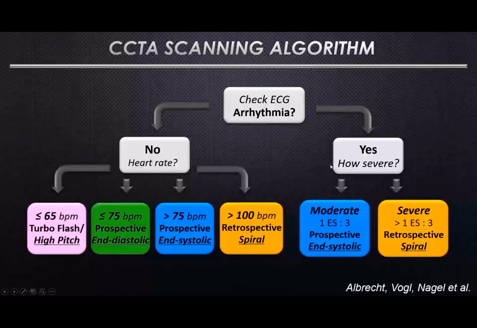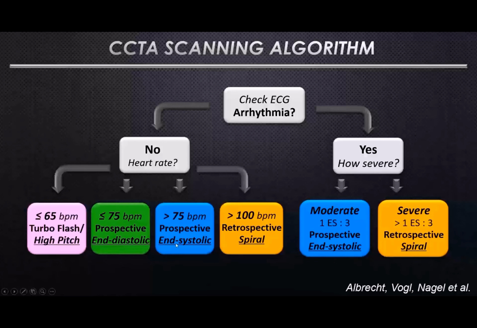And if we have arrhythmia, if we say yes, then we ask ourselves, how severe is the arrhythmia? If you have only one extra systole, one abnormal R wave, and then you have in relation to that 3 normal R waves, so you have to count them over a range of 30 seconds, then you choose the prospective end systolic protocol, which is also very dose effective.